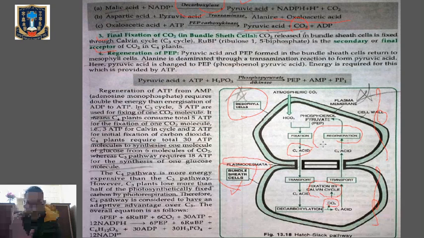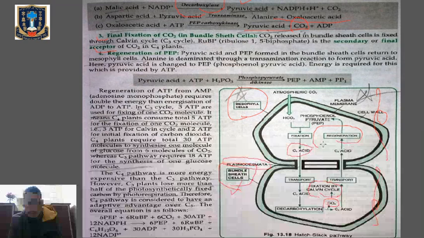Why 5? Because in the C4 pathway both the initial fixation and the final fixation of carbon dioxide take place. Okay, so therefore for the Calvin cycle 3 ATP, and for the initial fixation 2 ATP. So 3 plus 2 will be how much? 5 ATP. So 5 ATP will be required in the C4 pathway for the fixation of one carbon dioxide molecule. Clear? Okay.